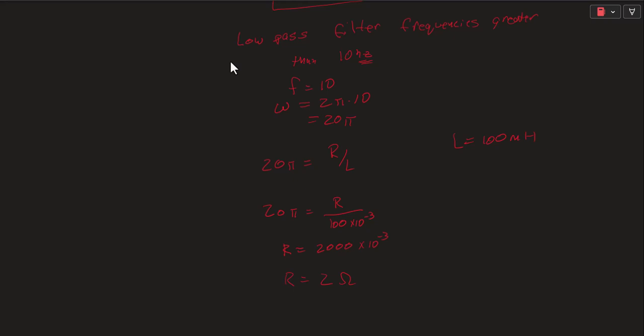Oh no, I forgot my pi. So that number's not right. It is 2 times pi, 6.28 ohms. And that would be your low pass filter.